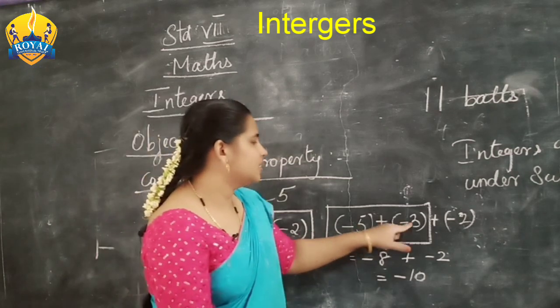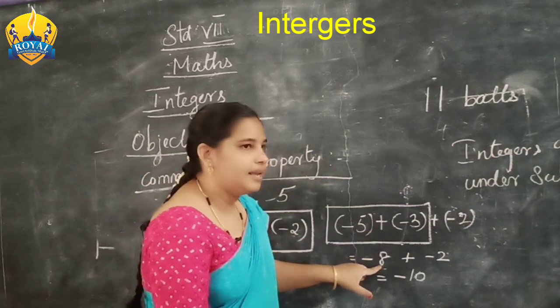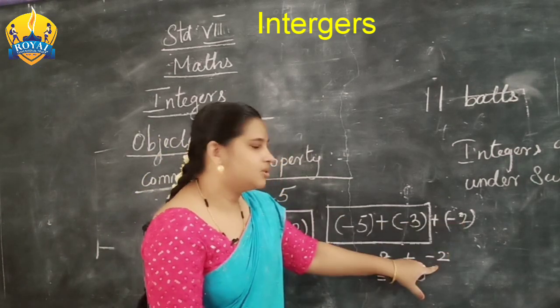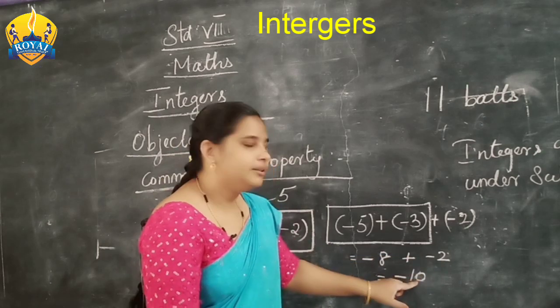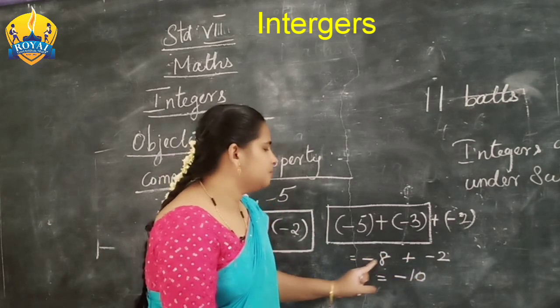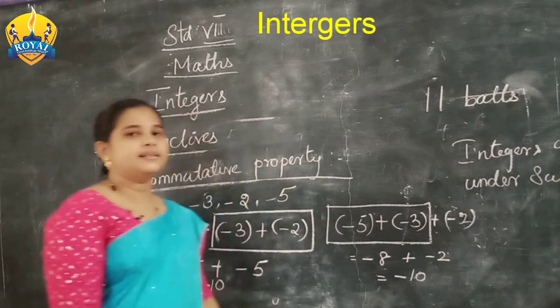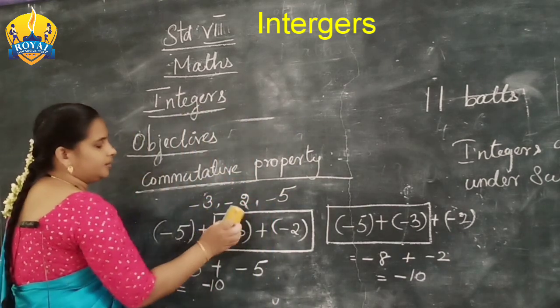Now add minus 8 plus minus 2: 8 plus 2 is 10, so minus 10. Okay, you understand?